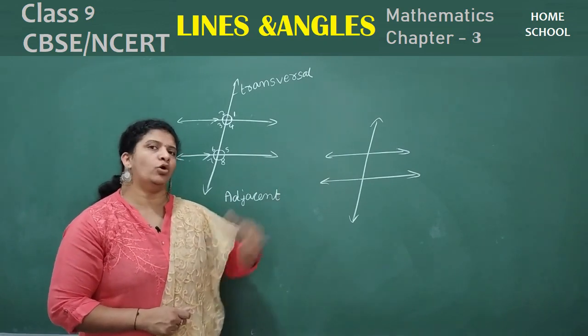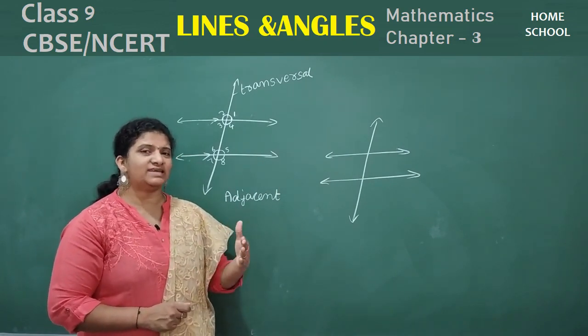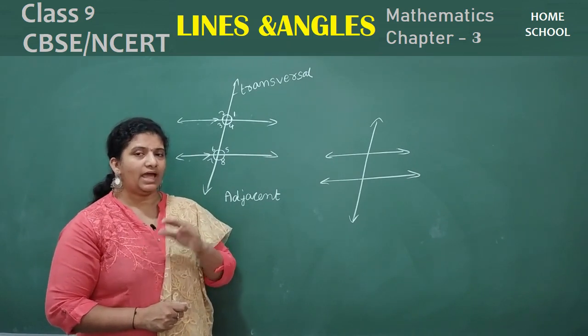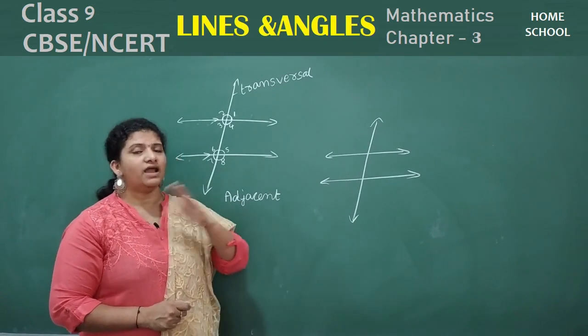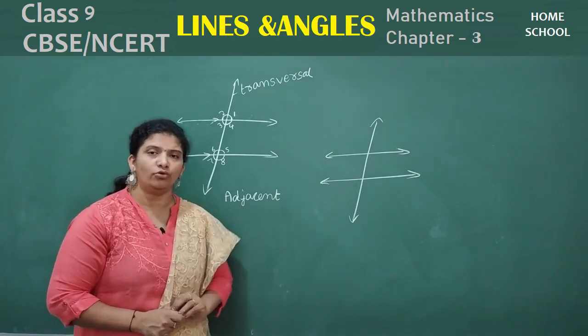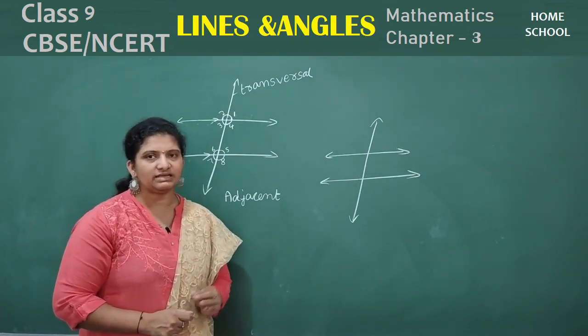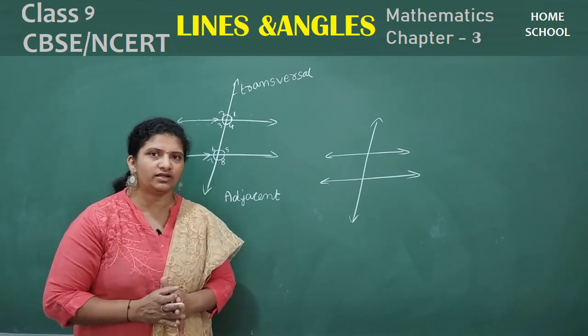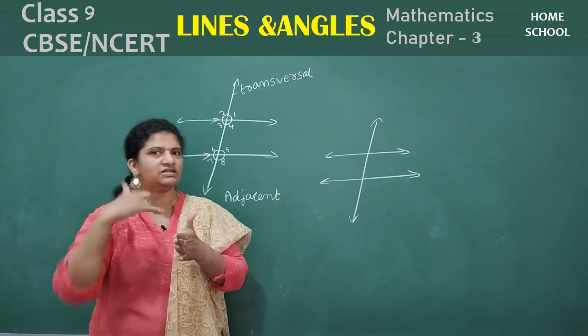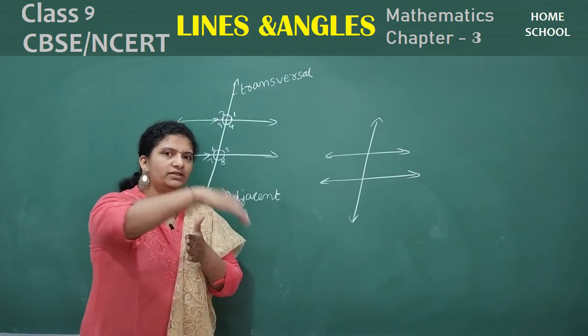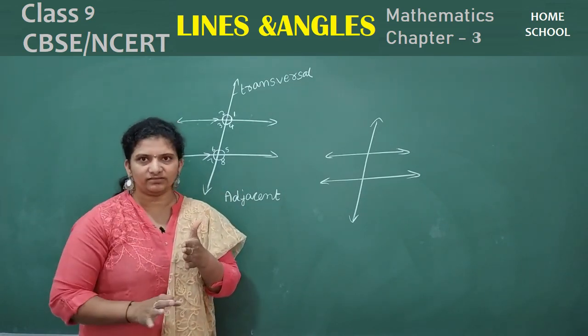Ravi is adjacent to Ramu and Ravi is adjacent to Rohan. But Ramu is not adjacent to Rohan. Are you understanding what the concept is, children? So the middle person is adjacent to either this person or that person. But the corner people are not adjacent.